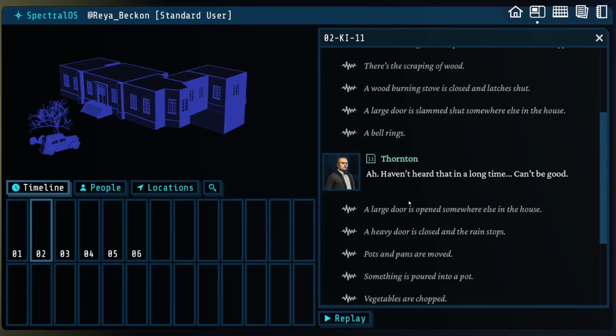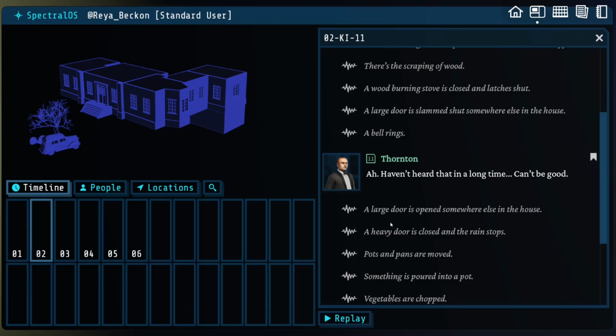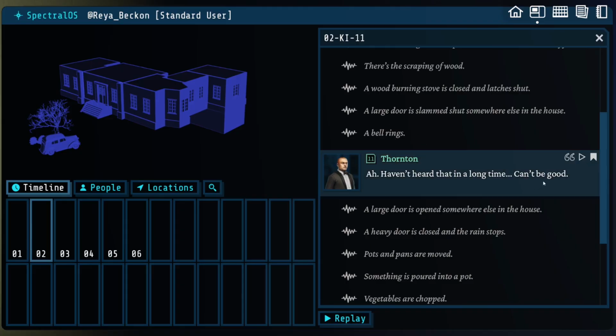That was very interesting. I don't know what this bell means at all. Why he hasn't heard the bell ringing, and why does it mean that it's bad?